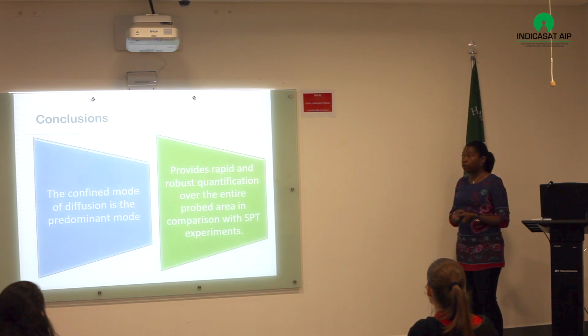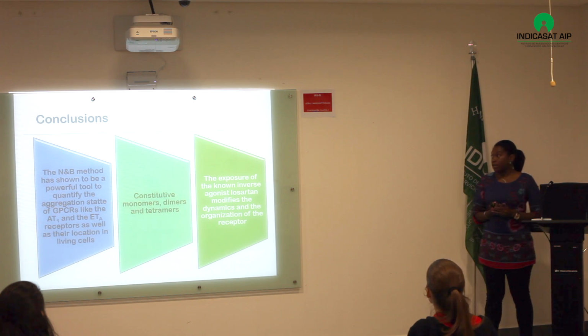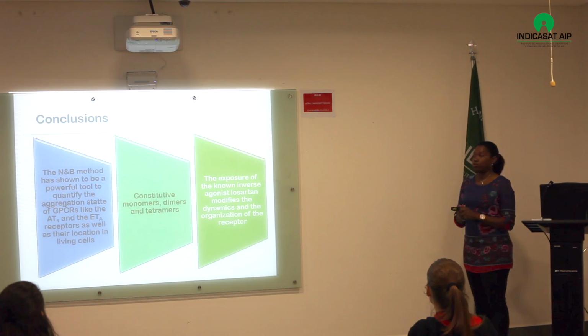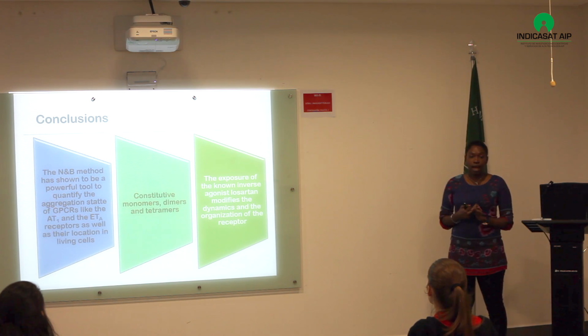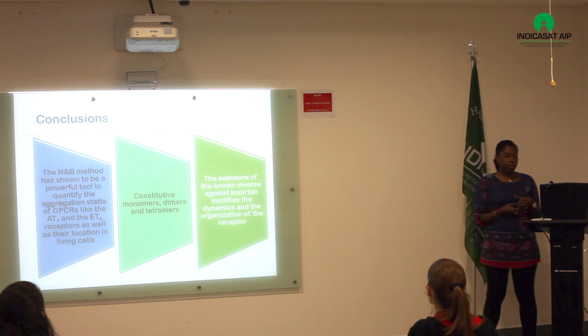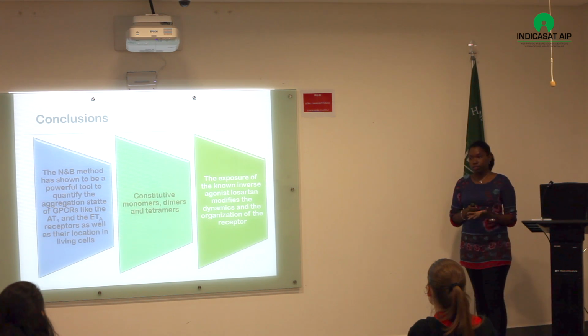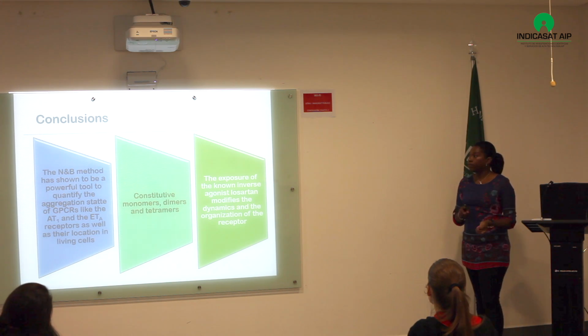The confined mode is the predominant mode, and regarding the N&B method, this method allows us to identify another aggregation, and to the best of our knowledge, this is the first time that we describe it as a new aggregation state for these receptors.